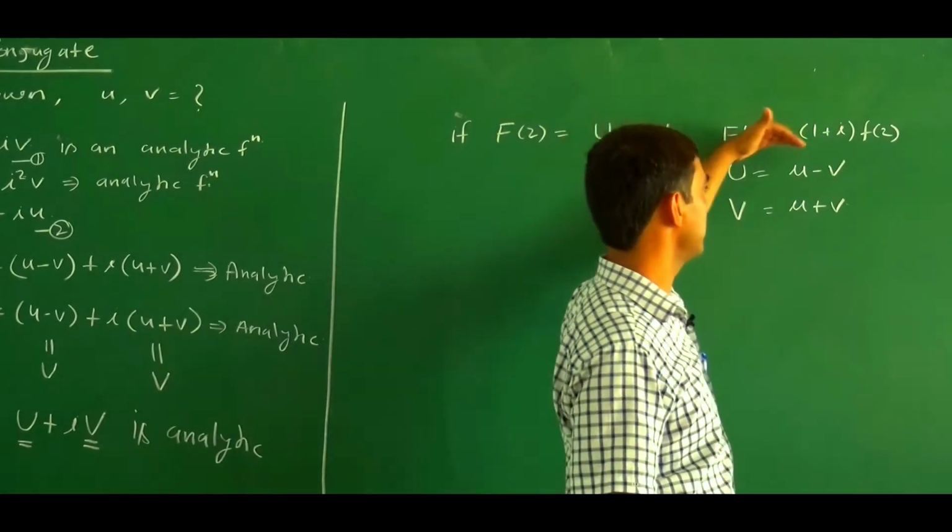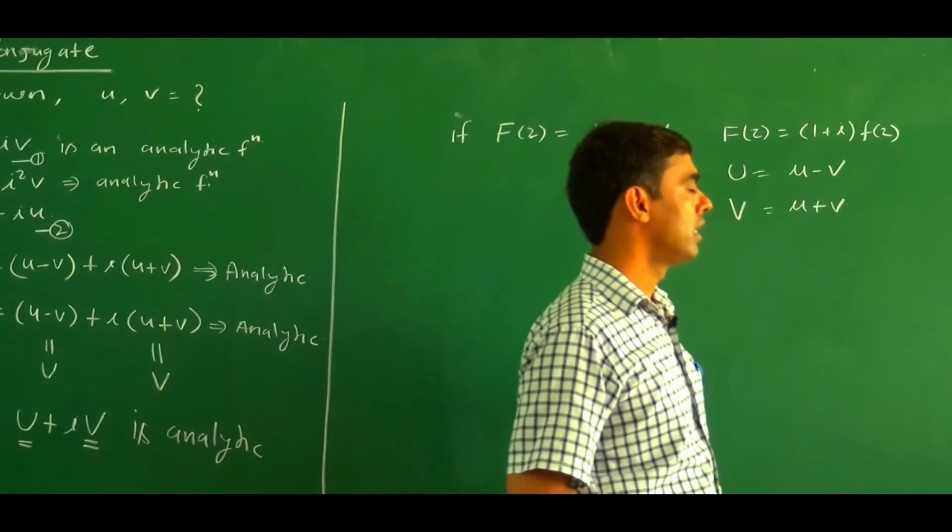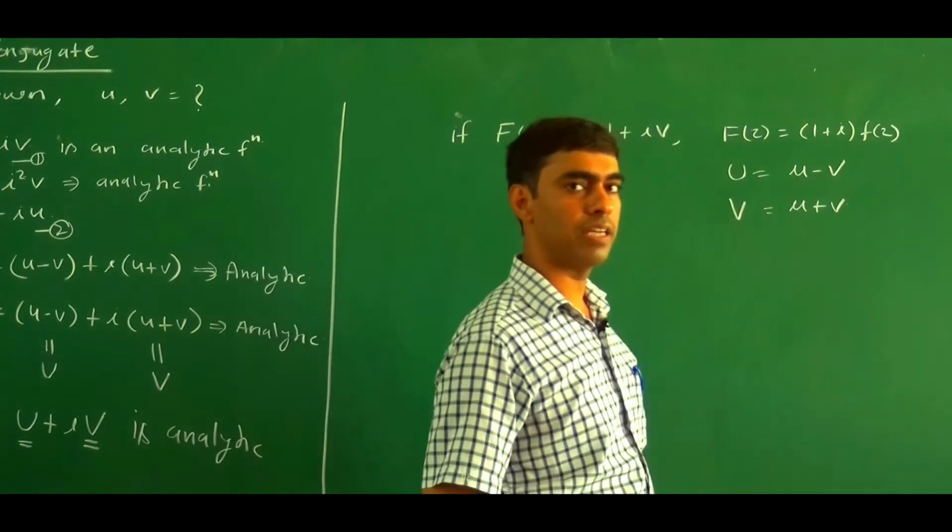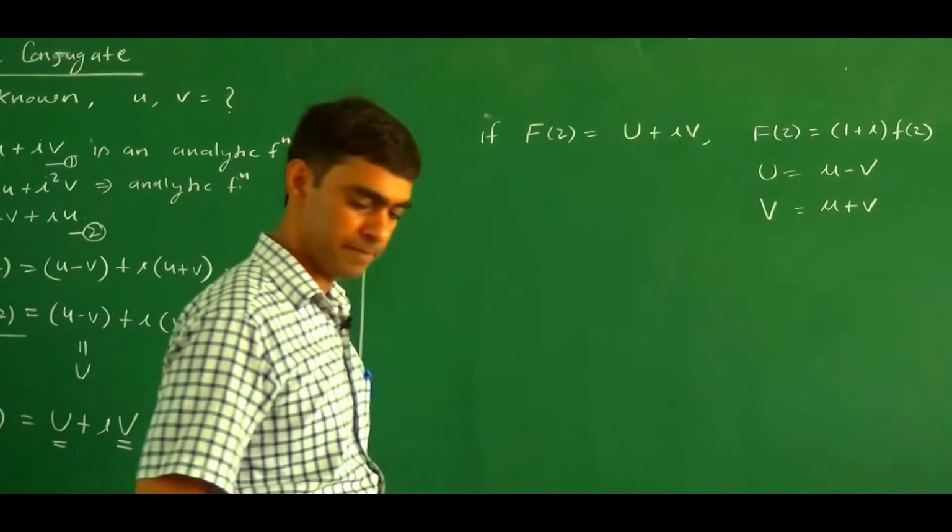Once we find capital U and capital V, then we find capital Fz. Once we find capital Fz, we can find small fz by dividing capital Fz by 1 plus i.